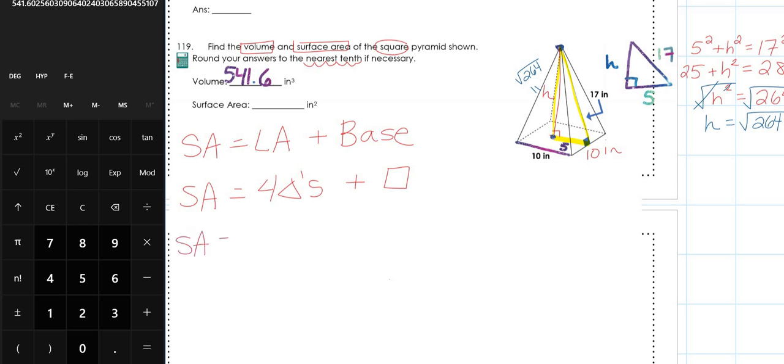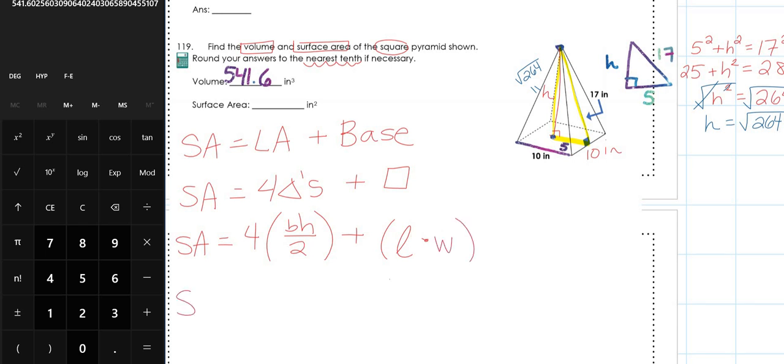Okay, let me keep going. So to get surface area, 4 identical triangles, I need to put in what's my triangle area formula. Base times height divided by 2. So I have 4 triangles, and to get the area of one triangle, I do base times height divided by 2. Okay, and then I need to get the area of my base, which is length times width, because it's a square.